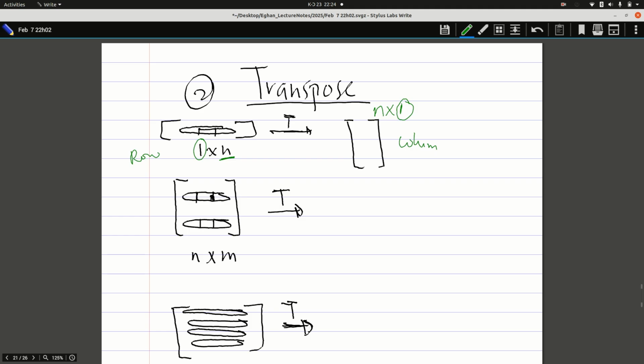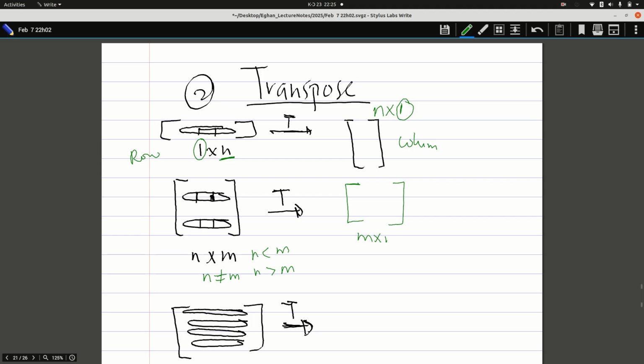If I have a rectangular matrix, this means n is not equal to m. n can be less than m, or n can be greater than m. We've gone through this. If I take the transpose of it, the rectangular matrix still maintains, but the dimension changes. So I end up getting m by n.